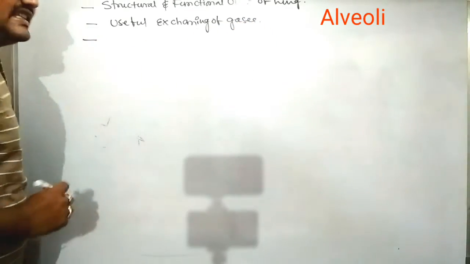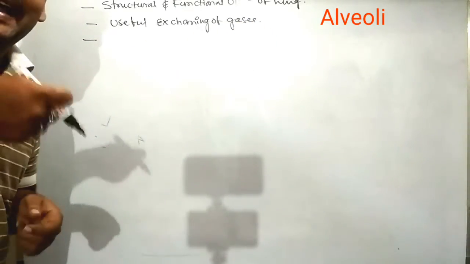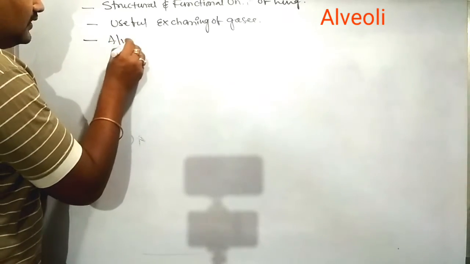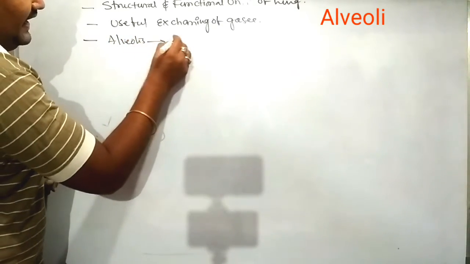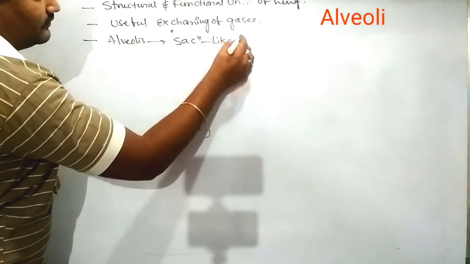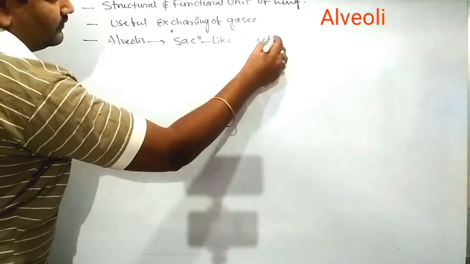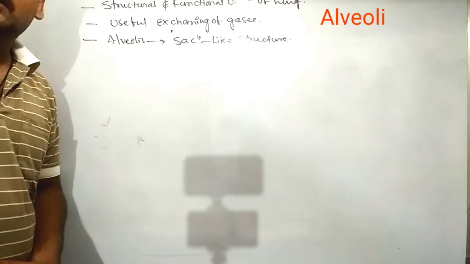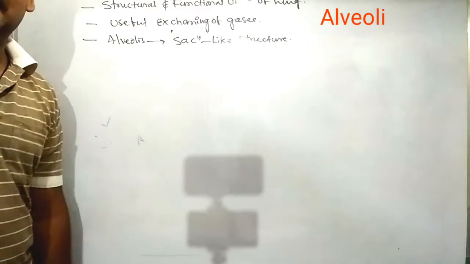Alveoli look like a sac-like structure, a bag-like structure. How many alveoli are there in the two lungs?